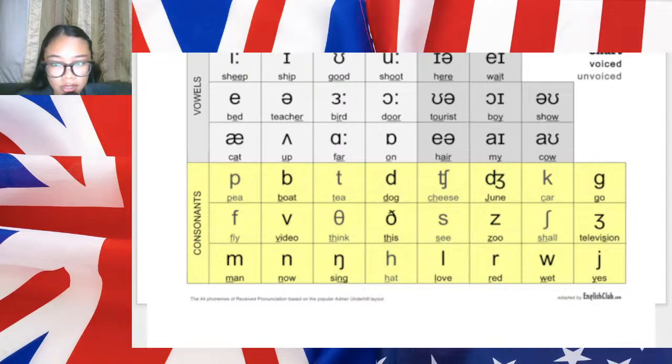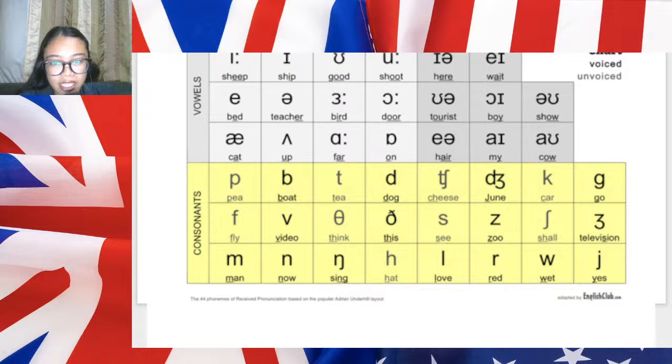As you can see, the IPA chart is cut into half because in the English alphabet we have vowels and consonants. Looking back, how many vowels are there in the English alphabet?